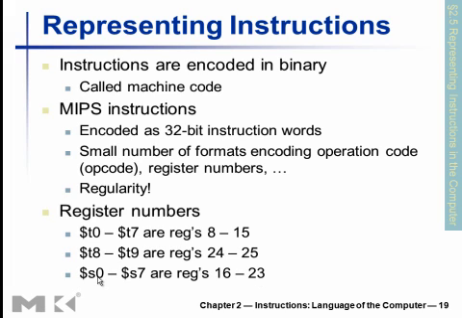Basically you can use these 32 registers however you like. However, we name them this way. When you say $s0, it means this is a saved register, so if you want to use it, you need to save the register.